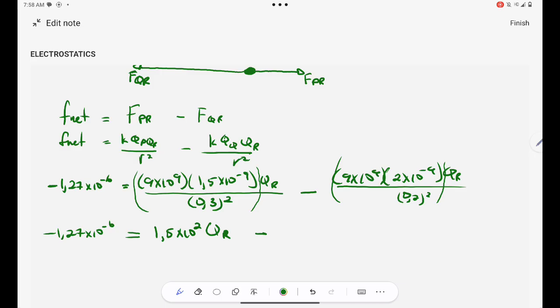We have 9 times 10 to the power 9 multiplied by 2 times 10 to the power negative 9, all over 0.2 squared. So that will give us 4.5 times 10 to the power 2 multiplied by QR.